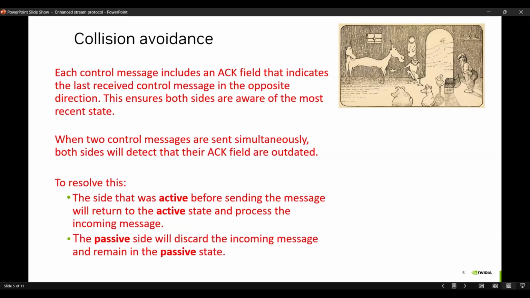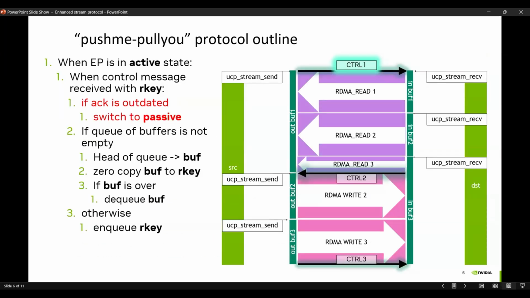Also, a more general question: does it work with multi-rail, or is any special change needed to work with multi-rail? Currently we didn't plan to do something special about multi-rail, and it looks like in case of multi-rail, if a specific RDMA transaction, like on this diagram, is big enough, we will split it and send it in 2 lanes.